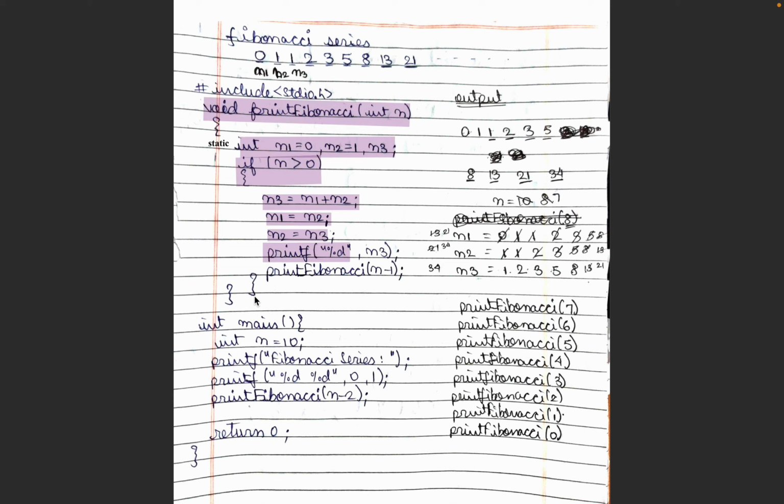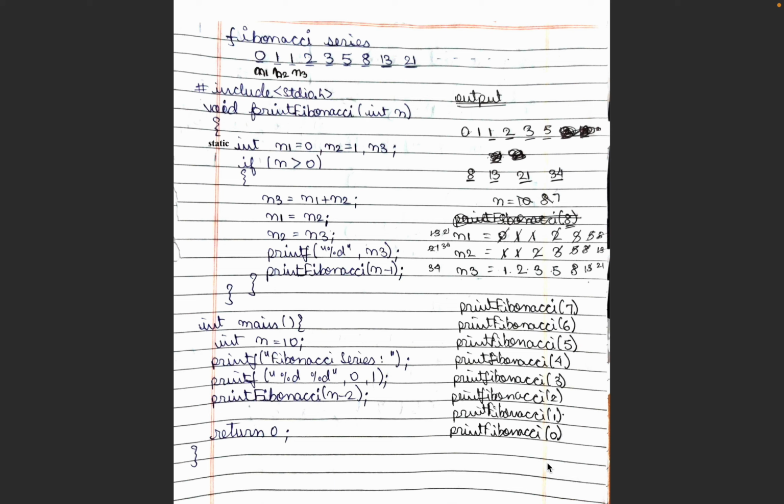By default nothing is returned. No base condition is there, but my program still ends because n is decreasing. First of all, it will not go to infinity because n is decreasing, and at 0, I'm not keeping any condition for less than or equal to 0. So when this is 0, the value is nothing, null.